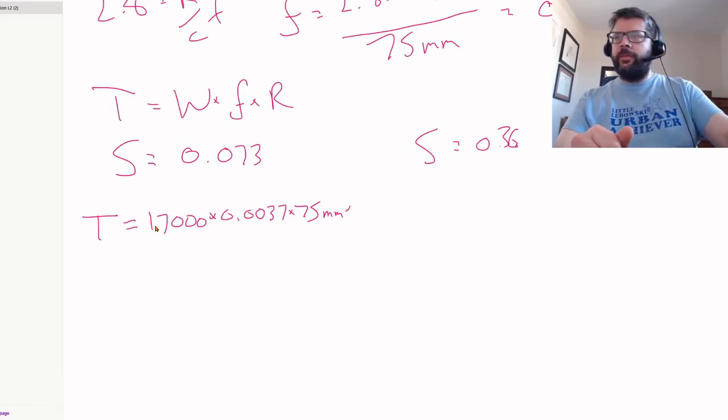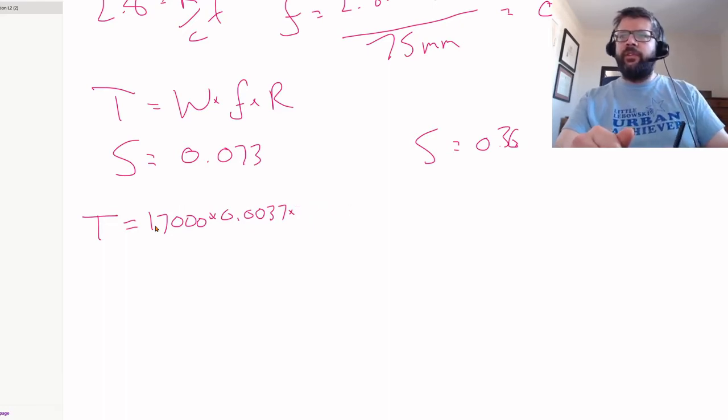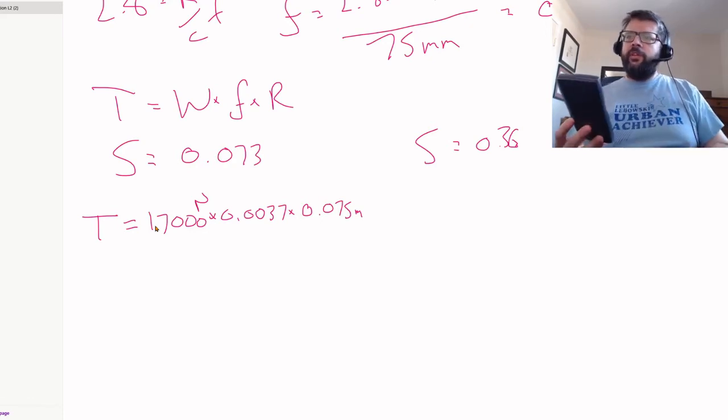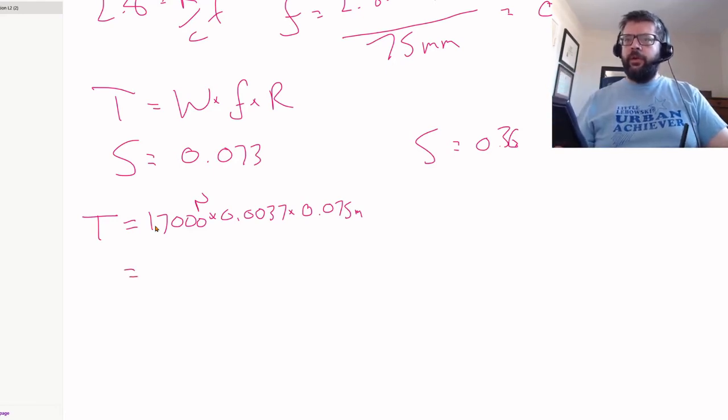Actually, let's put that in meters: 0.075 meters. I forgot to put the newtons on there. So 17,000 times 0.0037 times 0.075 meters gives us a torque caused by the friction of 4.7 Newton meters.